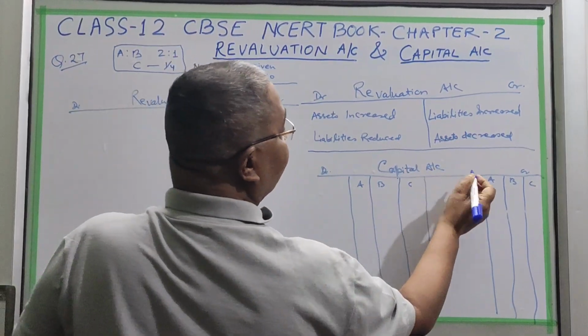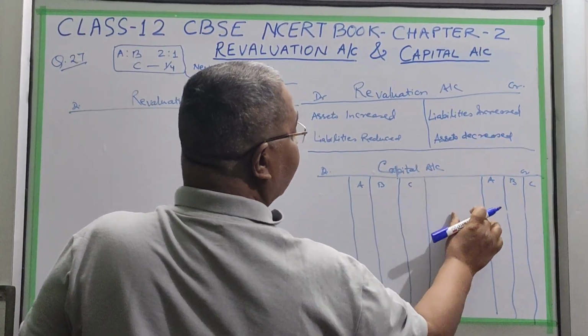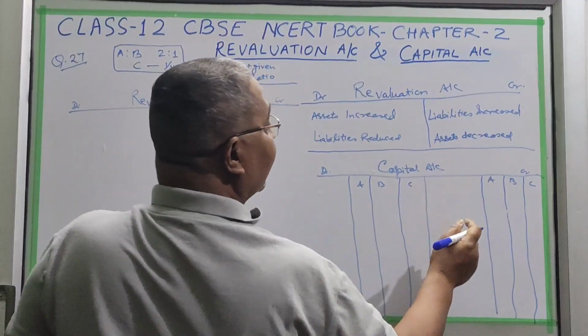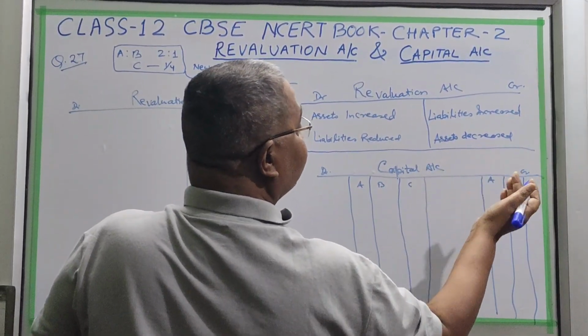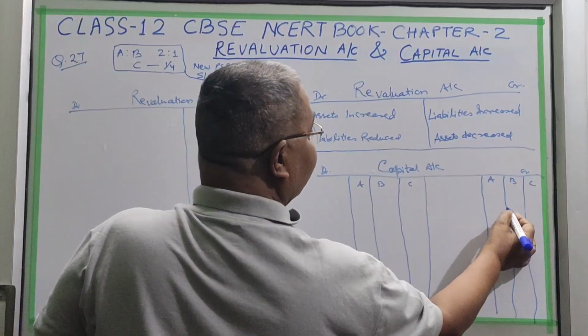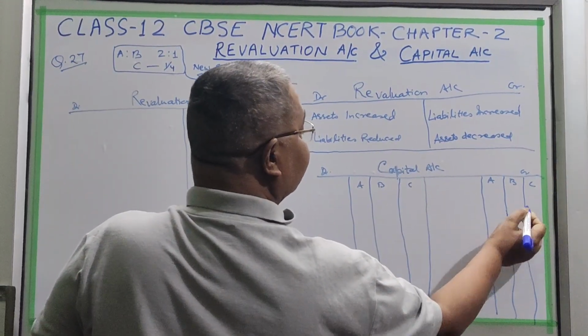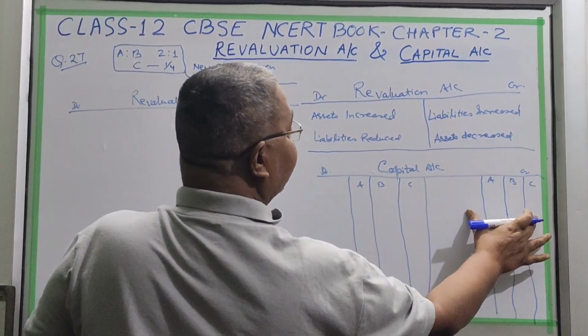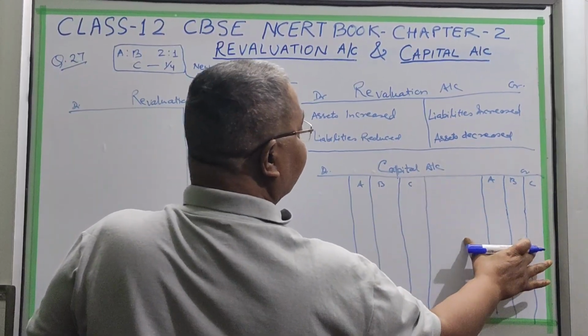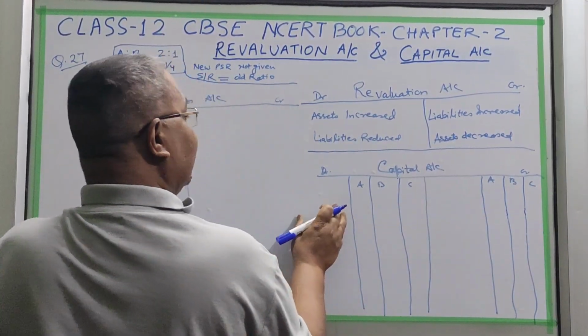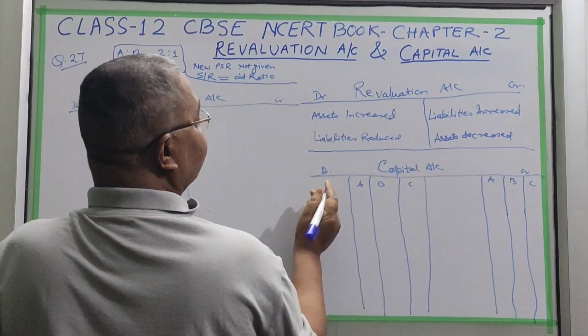In case of a capital account, credit will be all the items which the partner is eligible to take. Whatever he is eligible for taking, whatever his rights are, will come here. And whatever his liability is, that is always on the debit side.